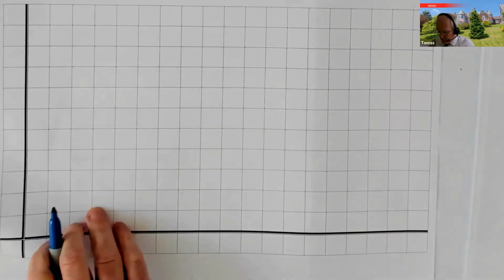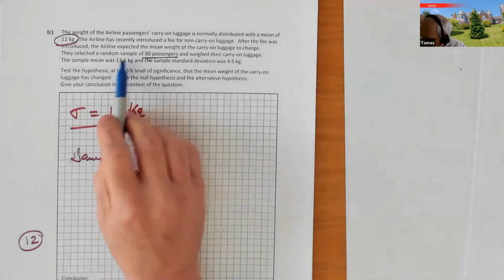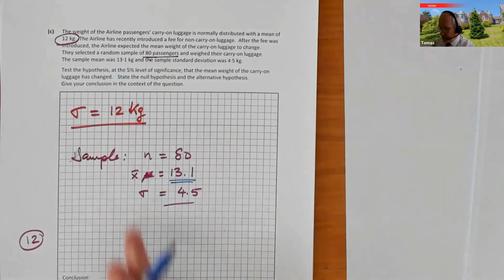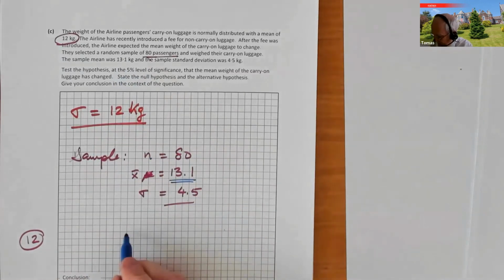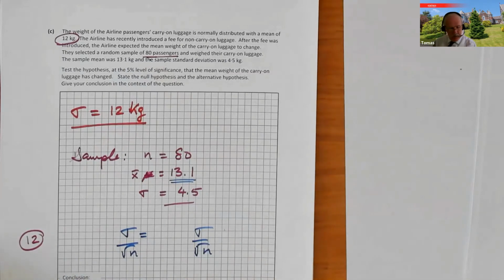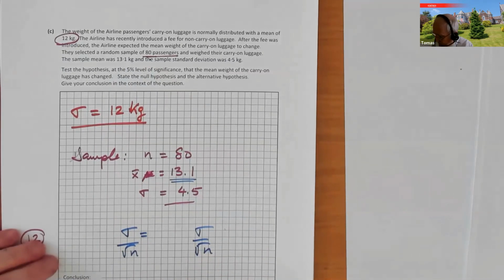So let's look at how that question really comes out. The way I would answer that is, we got 13.1. That's higher than 12. So the standard error is not sigma anymore, it's sigma over root n. Now, all I have to do is calculate the square root of 80. So sigma was 4.5 over the square root of 80.